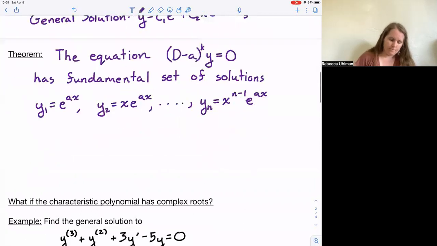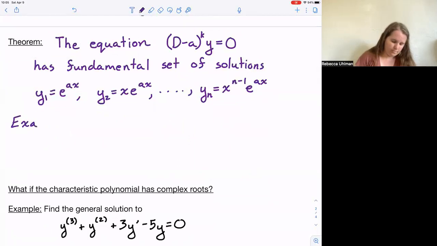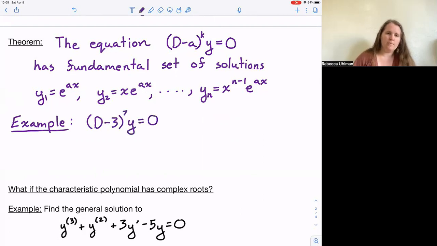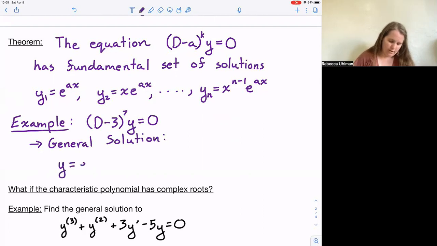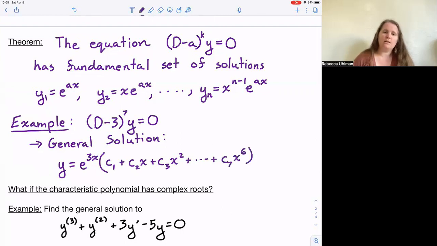So for example, if we have d minus 3 to the 7th power applied to y is equal to 0, then we would have general solution y is equal to, I'm going to pull out the e to the 3x, and we would have c1 plus c2x plus c3x squared plus all the way through c7x to the 6th.